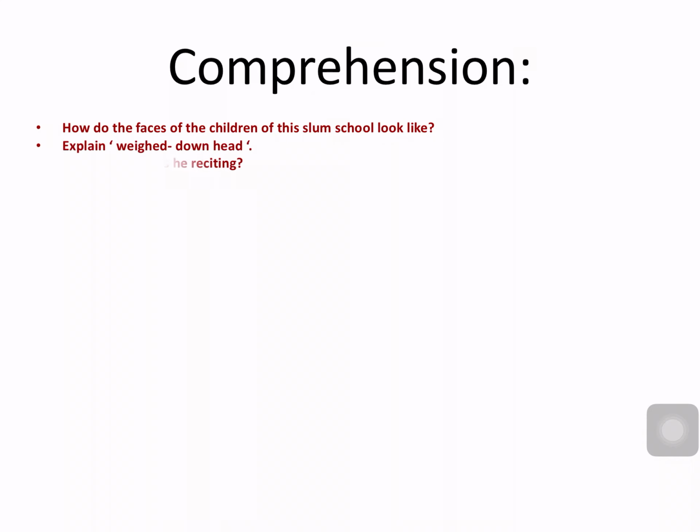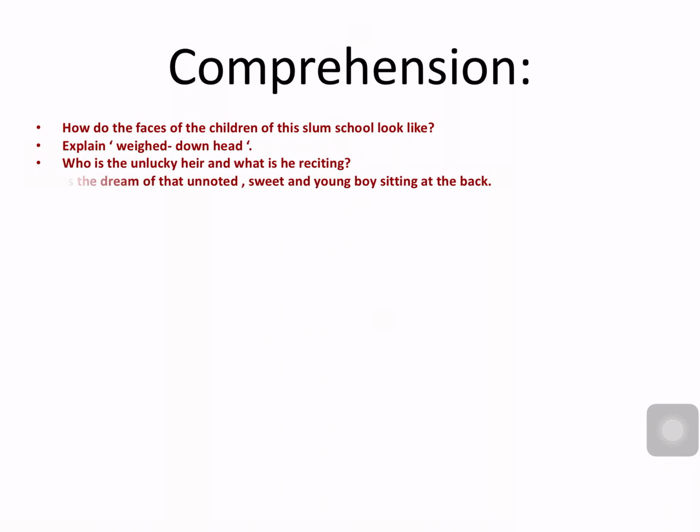Comprehension. Let's check the comprehension, and all this you have to do yourself. The first is, how do the faces of the children of this slum school look like? Second, explain weighed down head.